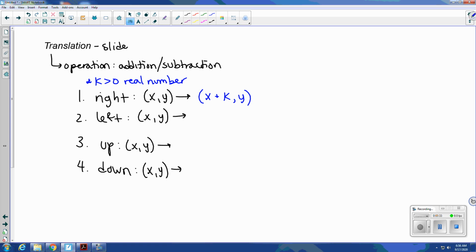Now left. Moving left will be in the negative direction along the x-axis. So if I want to move that way, we're going to subtract some number k. To move it up, now I'm going in a vertical direction. Going up is in the positive direction on my y-axis. So this time I'm going to alter the y coordinate by adding some value to y. And down, we're moving in the negative direction along the y-axis, so we subtract.